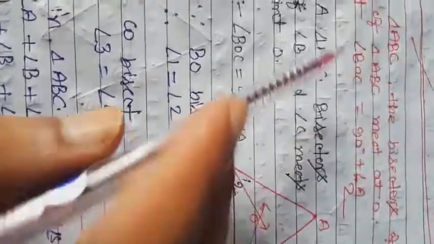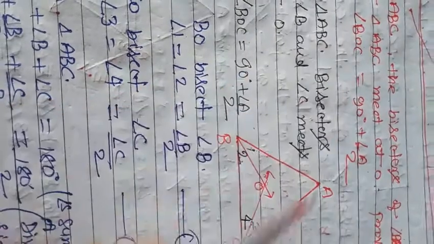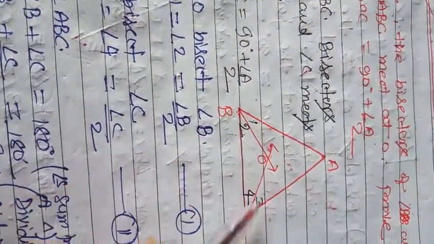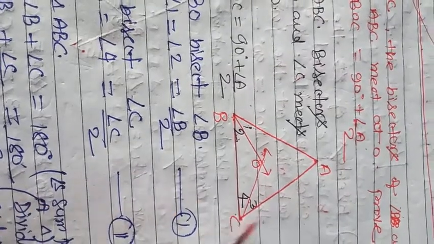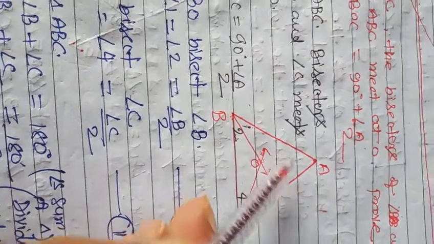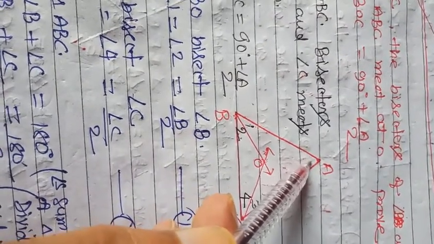Then prove that angle BOC is equal to 90 degree plus angle A by 2.